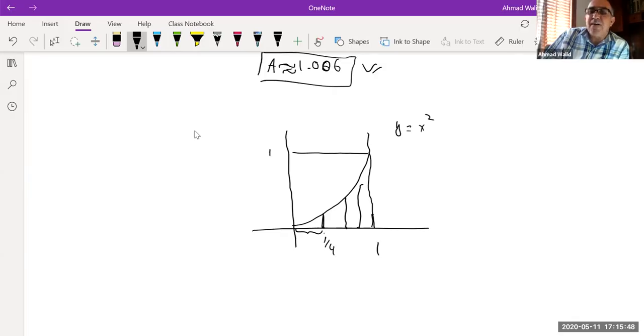What is the half of 1/4? Half of 1/4 is 1/8, right? Also divide 1/4 and here you have 1/2. Find this, connect the midpoints with each other, all the midpoints, and try to find the area under the same.